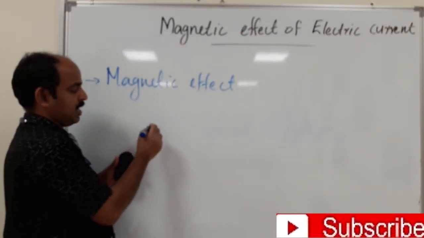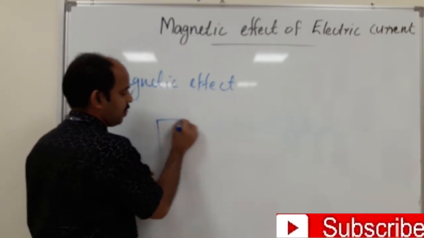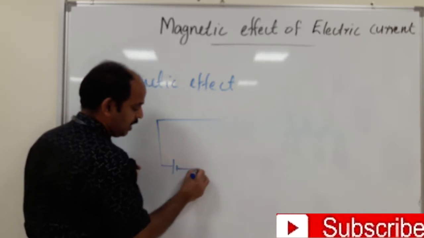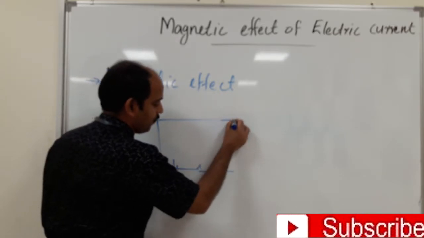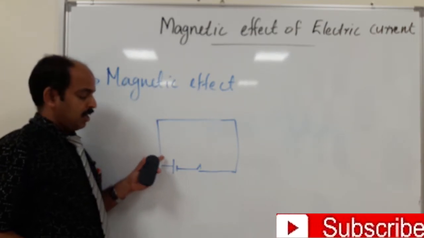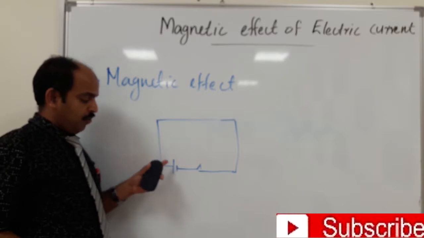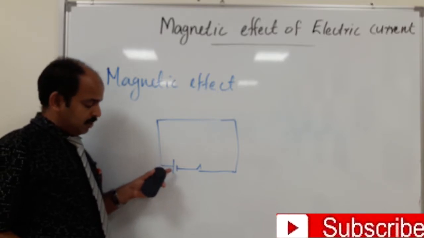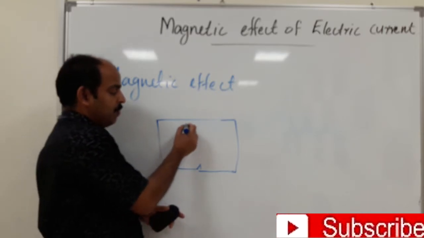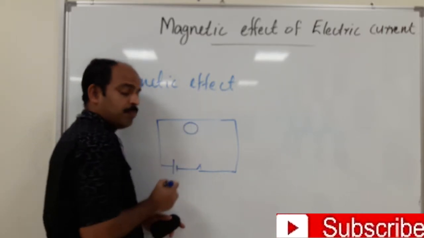Consider a circuit that consists of a cell and a switch. Now keep one compass near it.